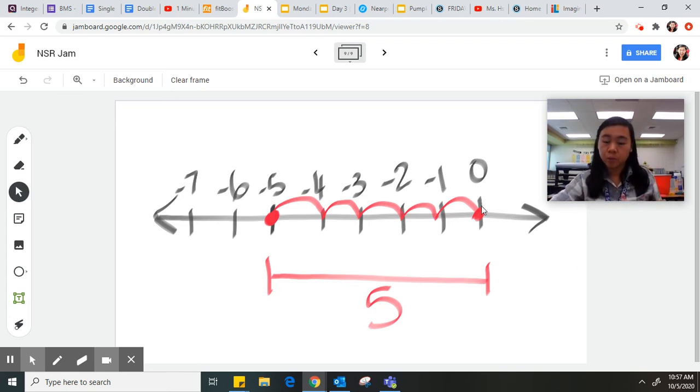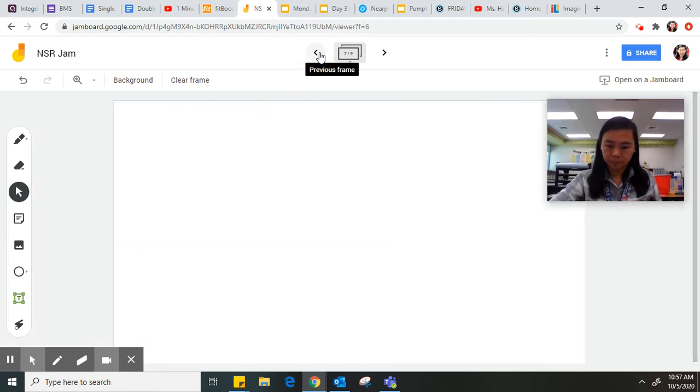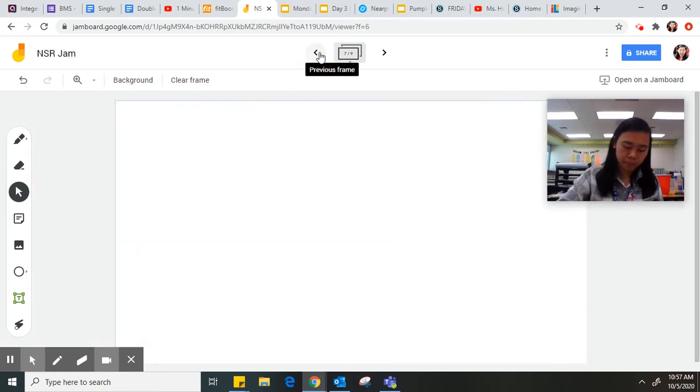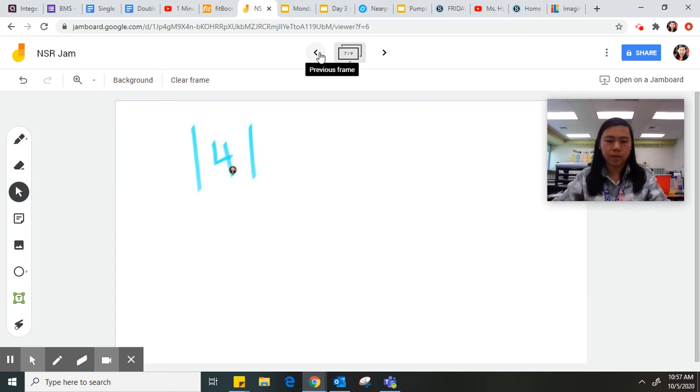Okay, so that's absolute value looking at a number line. So let's use the symbol now. Now I know absolute value is going to be symbolized by these two big walls. What is the absolute value of 4? I'm asking you how far away is 4 from 0?